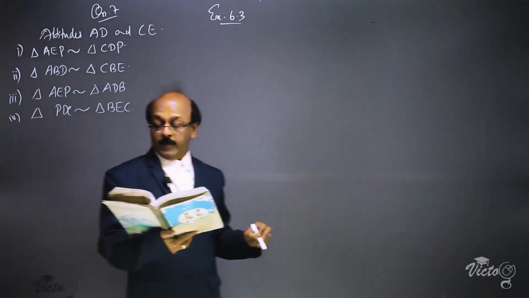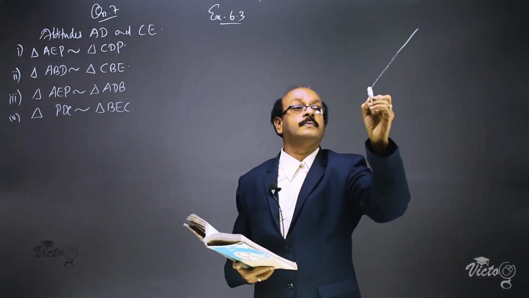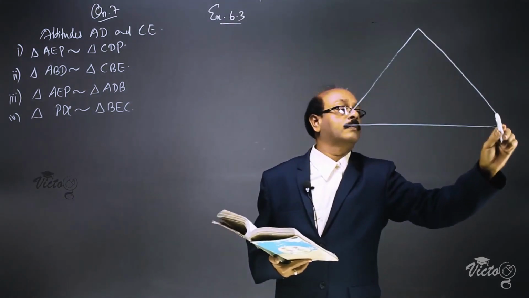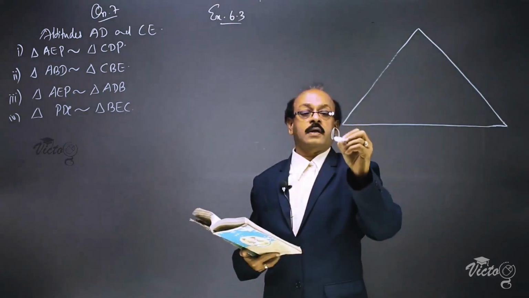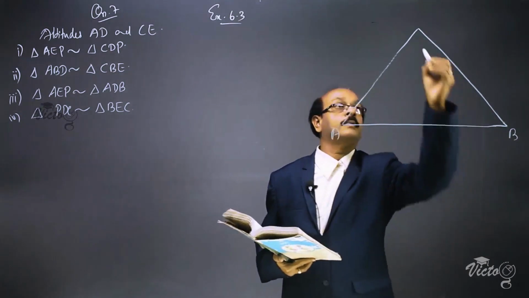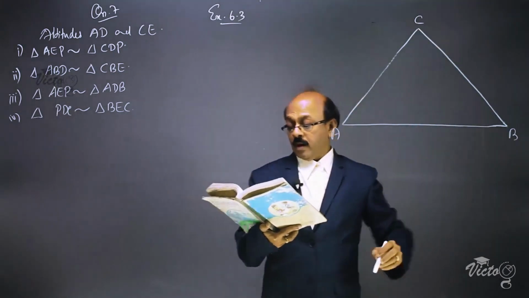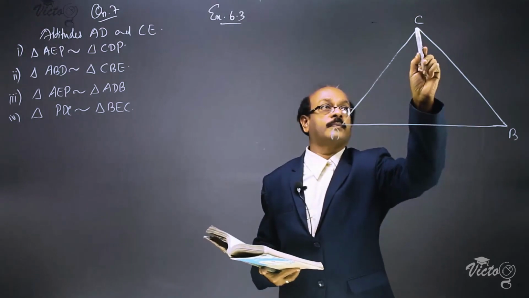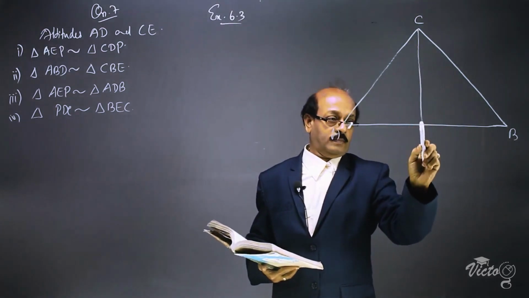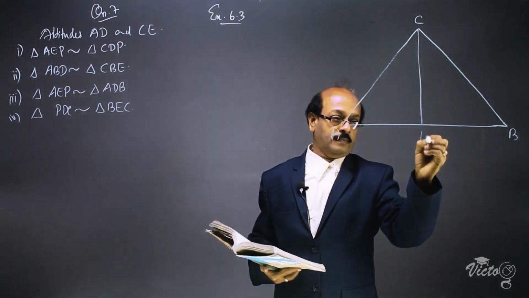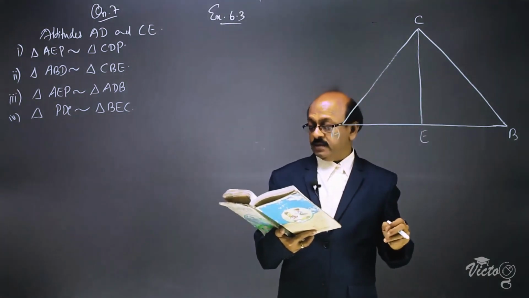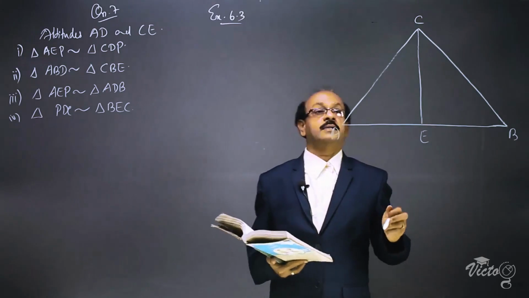For the figure, this is triangle ABC, and one altitude is CE and the next altitude is AD.